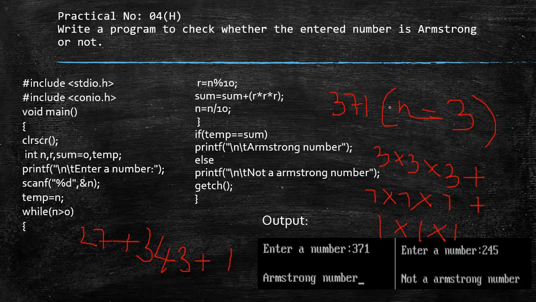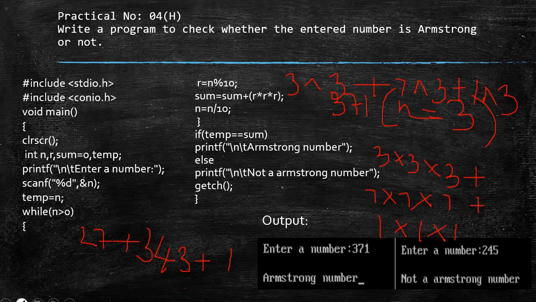Getting it? So basically, to find the Armstrong number we need this formula, that is 3 raised to 3 plus 7 raised to 3 plus 1 raised to 3. This logic is used here, and accordingly I am getting whether the number is Armstrong or not.